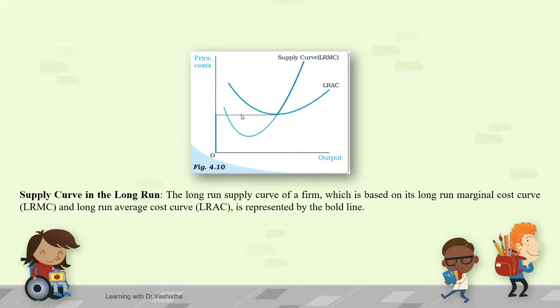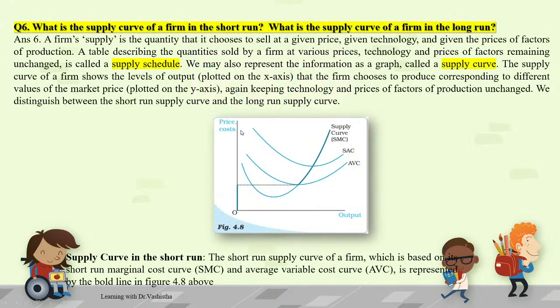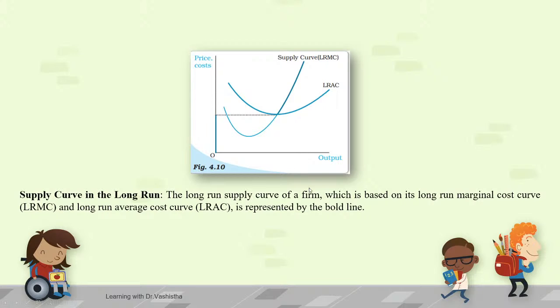These are the long run supply curves, and earlier it was the short run supply curve. This SMC is shown to be the short run supply curve, taking into consideration the short run marginal cost curve and the short run average variable cost. Similarly, here the long run average cost curve and the long run marginal cost curve are taken into consideration, which forms the supply curve in the long run.